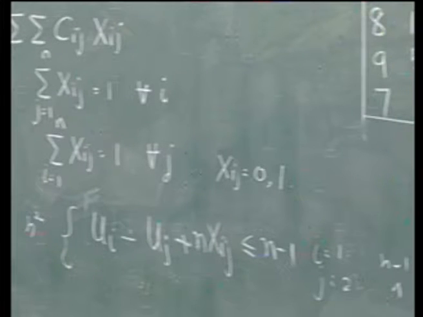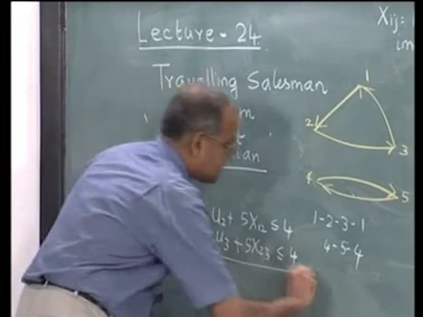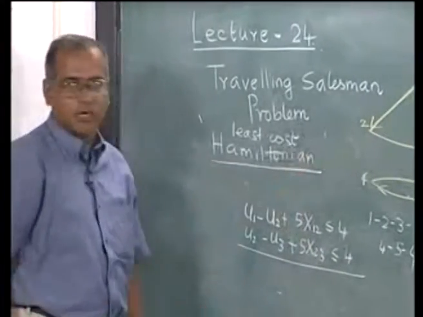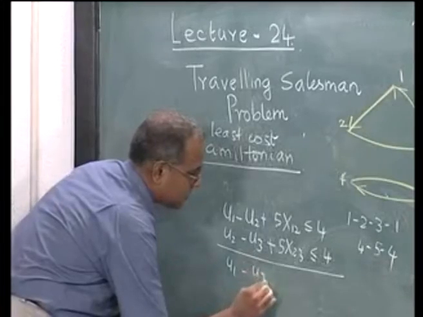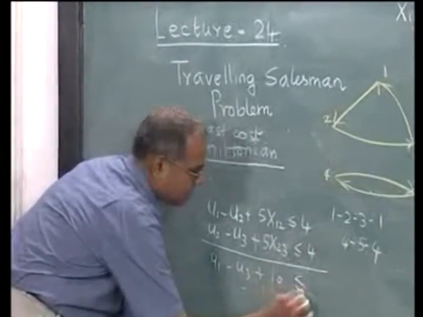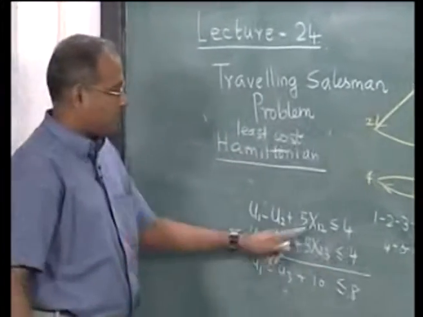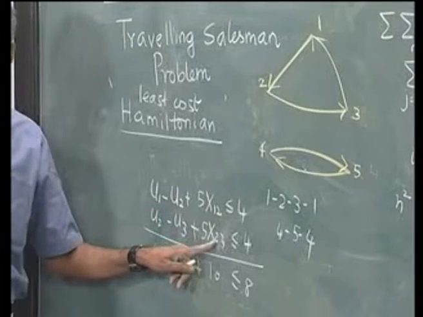So, I do not have a third constraint which says u3 minus u1 plus 5x31 less than or equal to 4. So, I have only two constraints because it is not defined for j equal to 1. Now, when I add vertically I will get u1 minus u3 plus 10 is less than or equal to 8, assuming that x12 is equal to 1 and x23 is equal to 1.